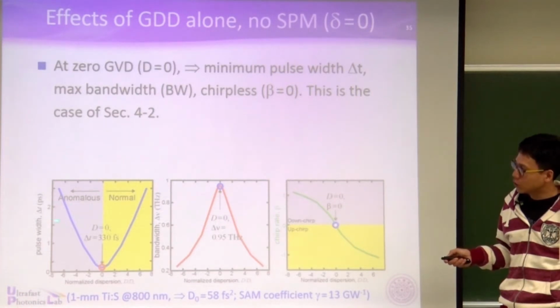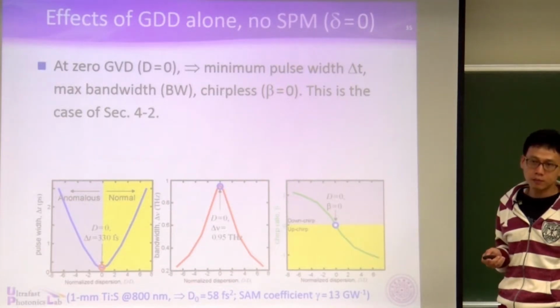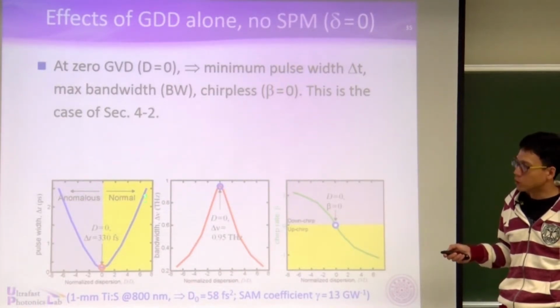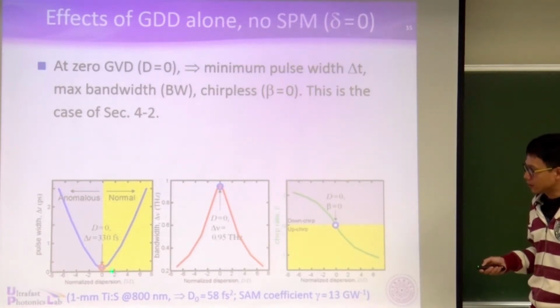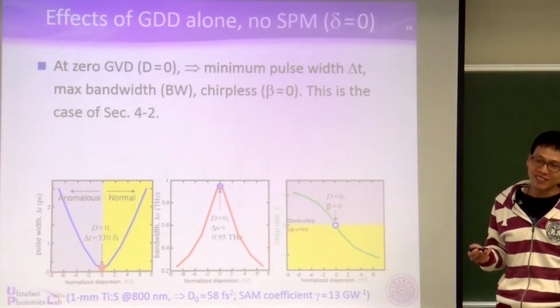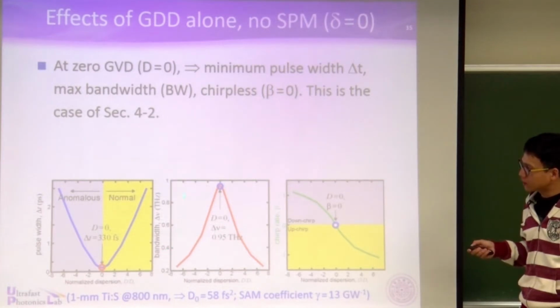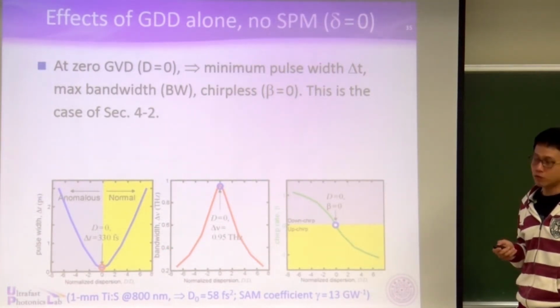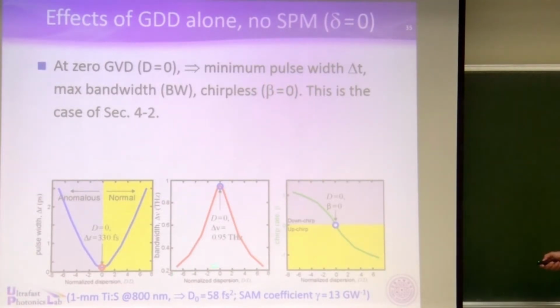I use 2 colors to highlight anomalous dispersion, where big D is negative, and normal dispersion, where big D is positive. And at the middle, it means no GDD, 0 dispersion. In the second figure, I plot the steady state bandwidth, a frequency domain information, versus, again, the GDD parameter, from anomalous to normal dispersion. The third one, I plot the chirp rate beta coefficient versus the GDD.